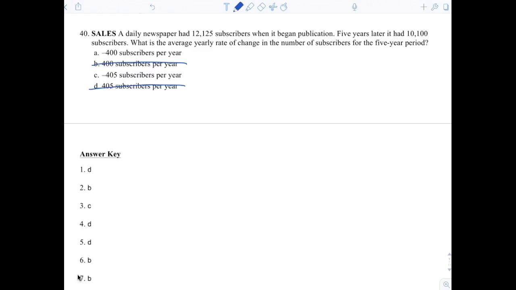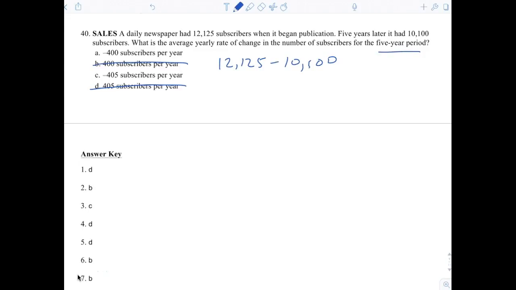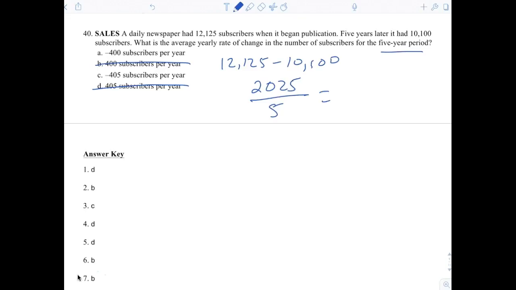So we went from 12,125 to 10,100. And that was in a what? 5-year period. So we subtract that. It's 2025 over a 5-year period.